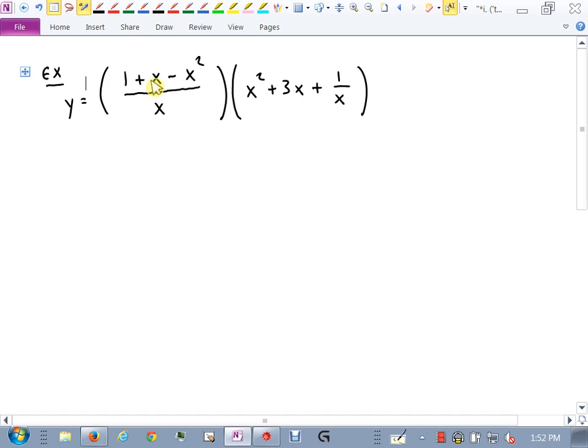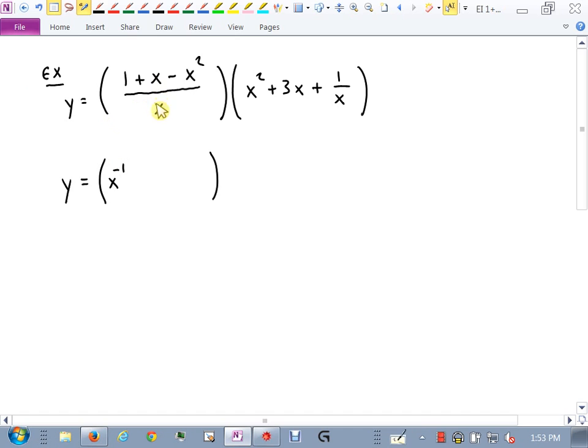Can you take the derivative of u? Not like that. What are you going to have to do to it? Break it up into what? 3 different fractions, right? And then you can go after it. So maybe it's worth it to go ahead and break it up now before I do anything else. The first one will become 1 over x, which is the same as x to the negative 1.